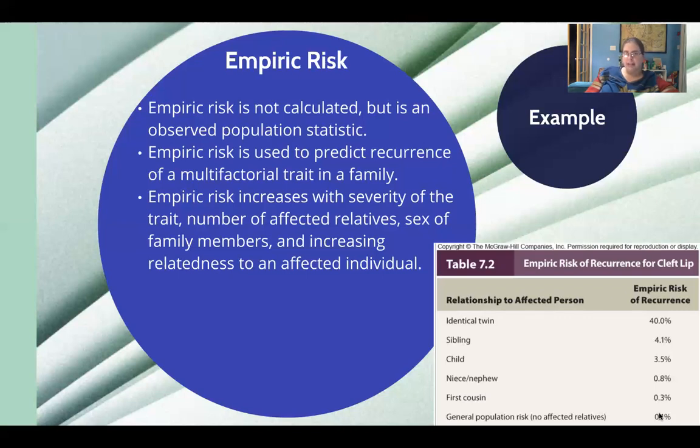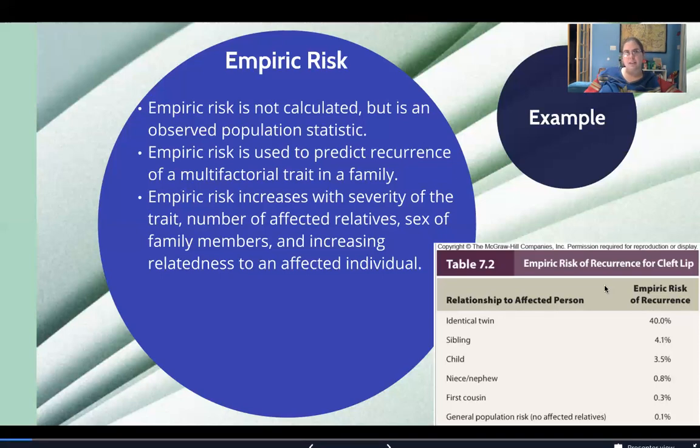So you can see how, in this case, someone who is genetically identical to them, that still doesn't mean that they will necessarily both have the cleft lip. It's a very high likelihood. 40% is still much higher than the rest of these numbers.